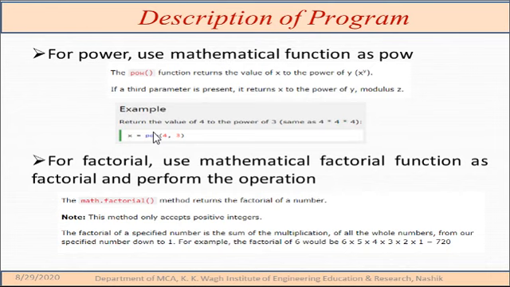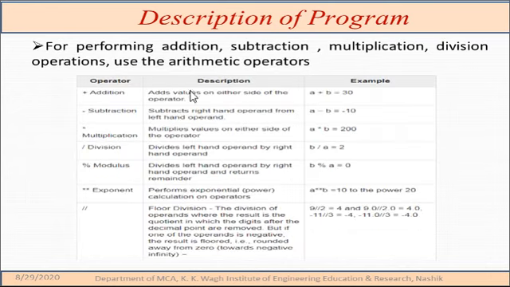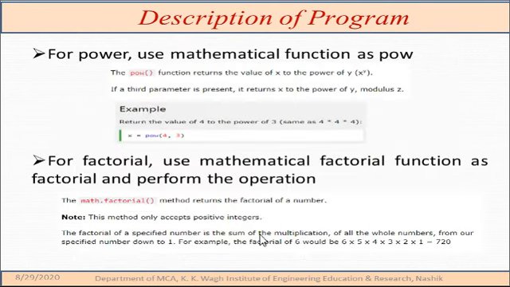So in this program I have shown how to use the arithmetic operators for addition, subtraction, multiplication and division. Whereas for power and calculating the factorial, I have used the mathematical functions: pow is used for the power, and the factorial function itself is used for calculating the factorial.